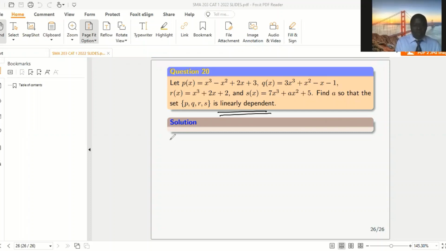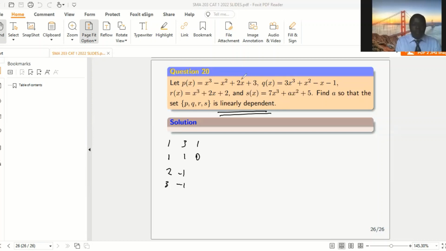The first polynomial: 1, -1, 2, 3. This one is 3, 2, 3, 1. This is -1, -1. And this is 1, 2. No, not 2. There's no x square, so it's a 0.